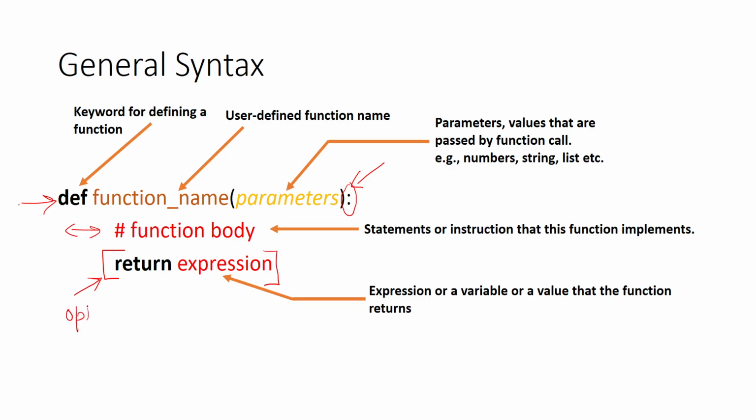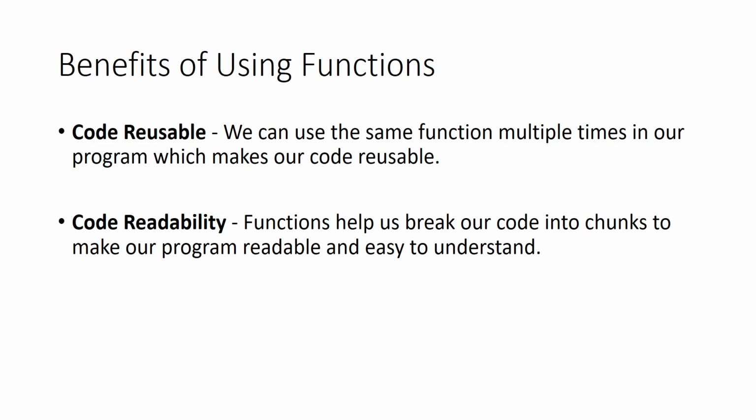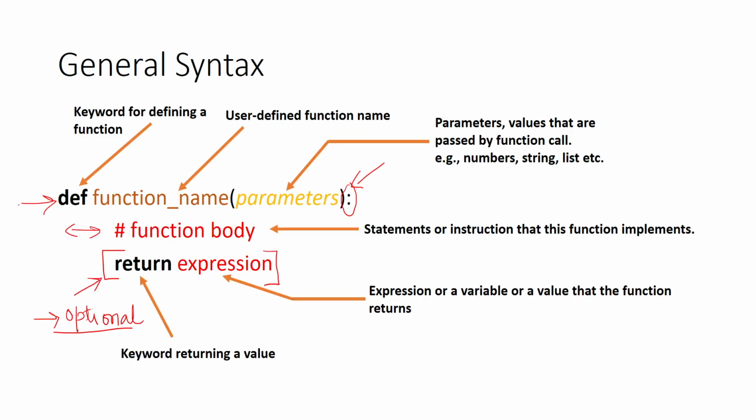Optional means if you don't write the return statement, it is not that the function will not run. If the function body is such that it returns a particular value, then only you will use the keyword return, and if you have return, you have to have an expression. Otherwise you don't have an expression. So all these things are the basics of how you define a function.